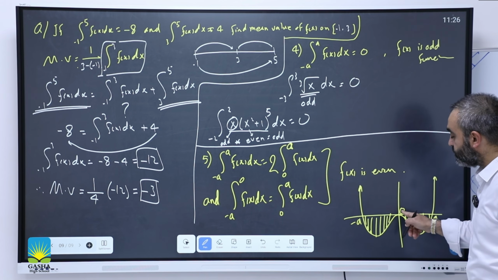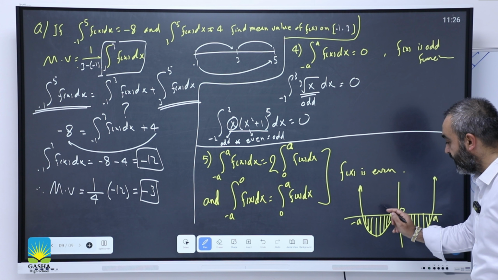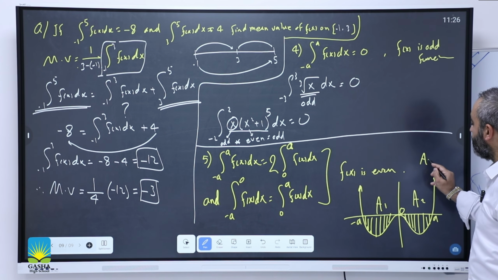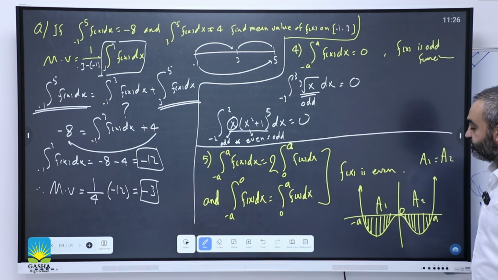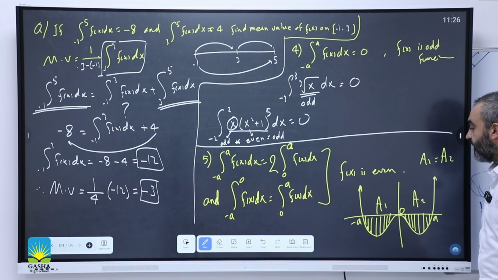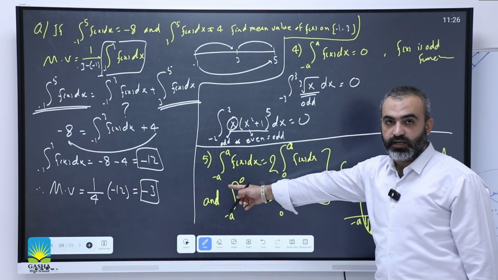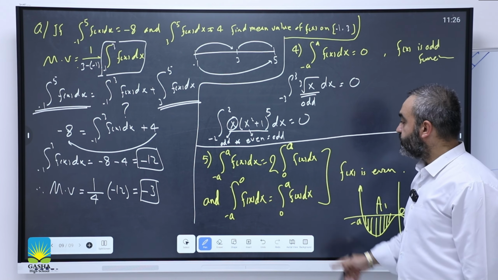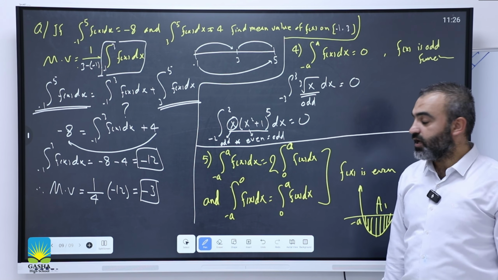So negative a to 0 is equal to the area a1 and this a2. So a1 equals a2. So negative a to 0 is equal to 0 to a. So this is negative a to a of f of x dx equals 2 times 0 to a of f of x.